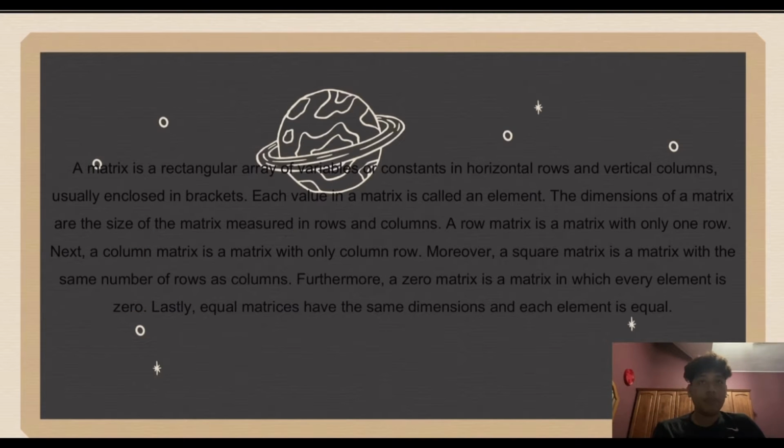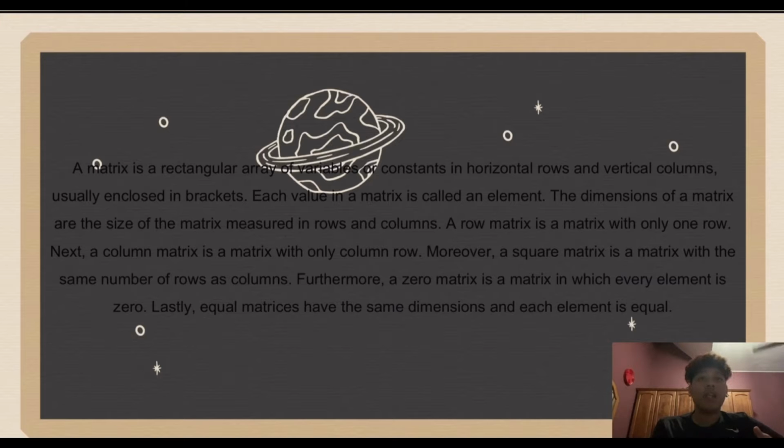After that, a matrix is a rectangular array of variables or constants in horizontal rows and vertical columns, usually enclosed in brackets. Each value in a matrix is called an element. The dimension of a matrix is the size of the matrix measured in rows and columns. A row matrix is a matrix with only one row.